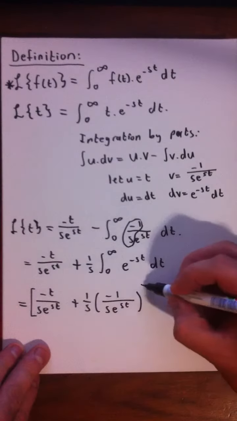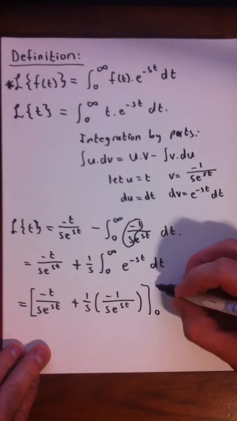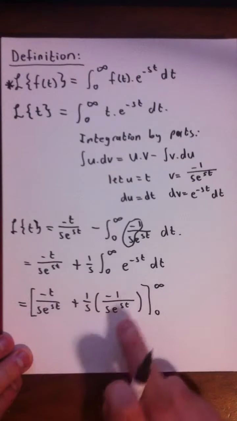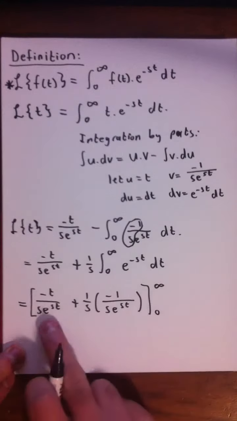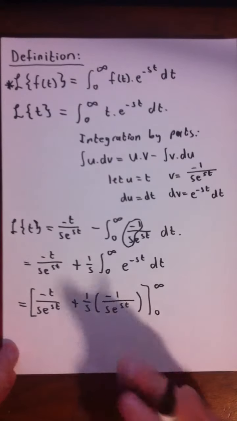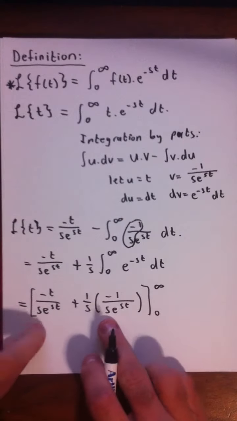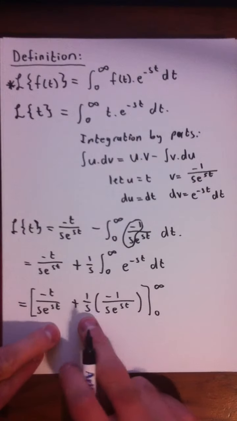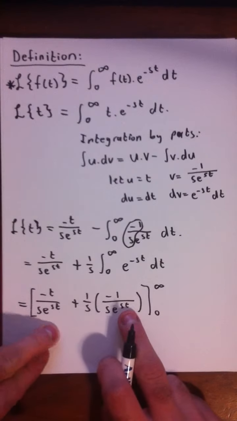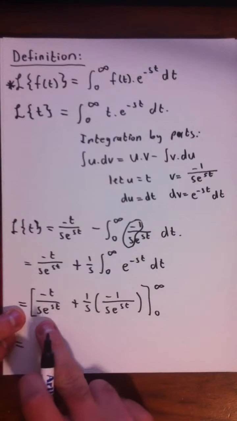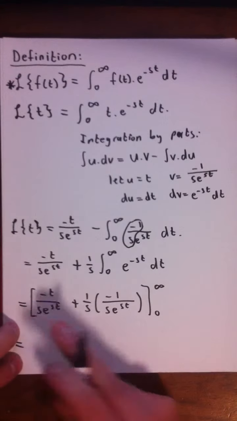And we have to integrate this whole thing from 0 to infinity, so we have to evaluate it from plugging infinity in here to plugging 0 in there. I'm just going to rewrite this as one term, to make it a bit easier. You see the denominators in this case are not the same. In this case it's s squared e to the st, so we need to multiply this whole expression by s over s to get an s squared denominator as well.